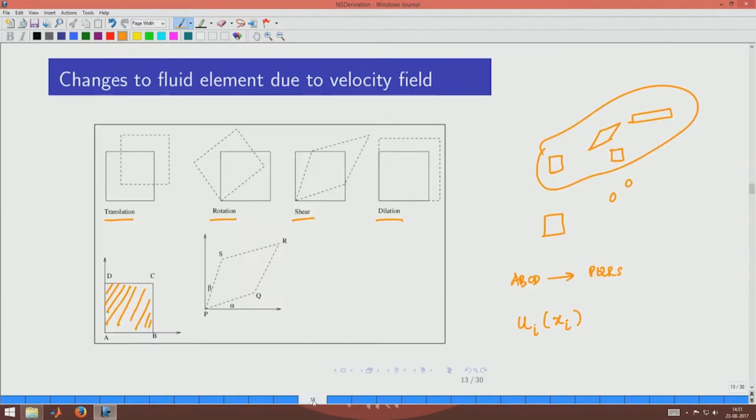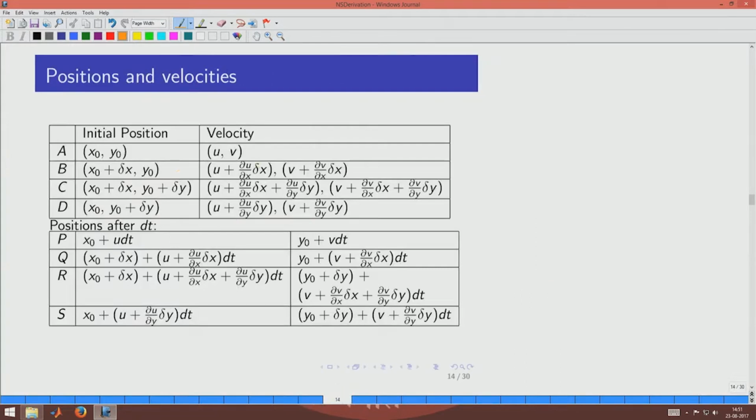So, what we do is basically ABCD, the locations, we write the coordinates x naught, y naught, and the velocities as u and v. And in general, there are these gradients that are present. So, u has the gradient in both x direction as well as in y direction. So, let us see how the velocities are specified.